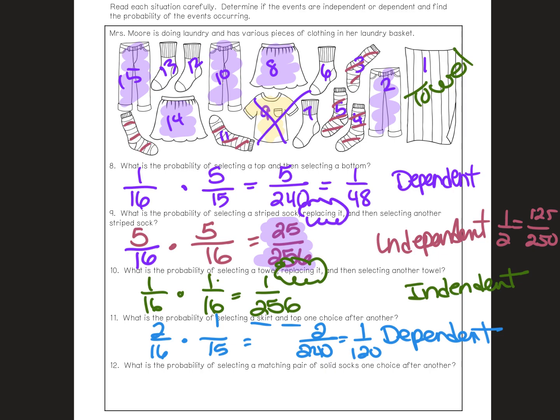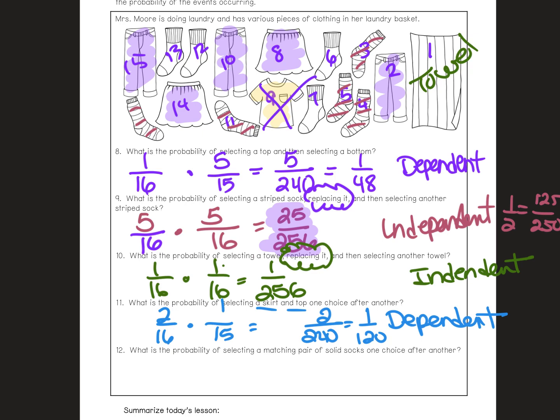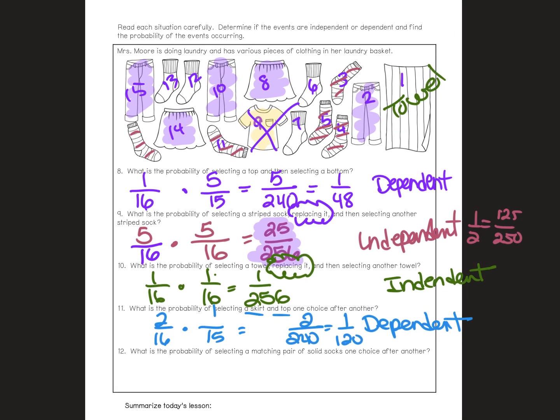Oh, very unlikely. What's the probability of selecting a matching pair of solid socks, one choice after another? Now, we are making an assumption here. We are assuming that all of these solid colored socks are the same color and match, okay? So we have a total of 16 items, and there's 4 socks, which is equal to 1/4.